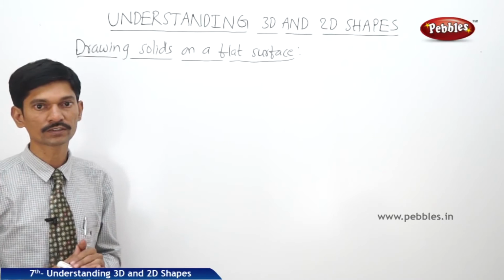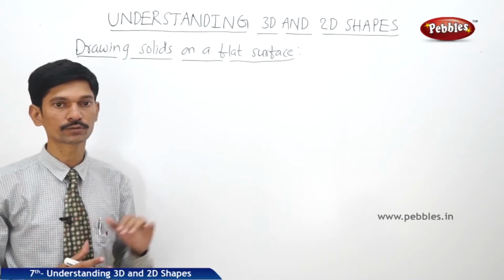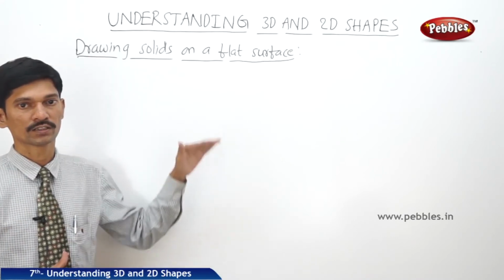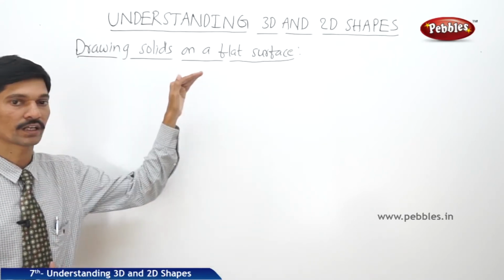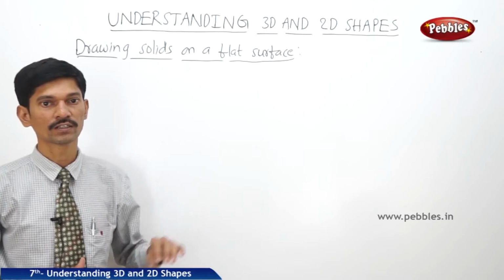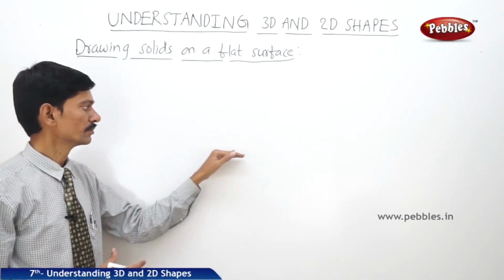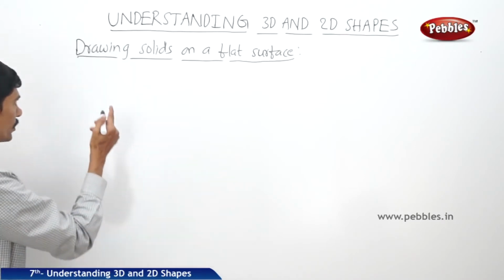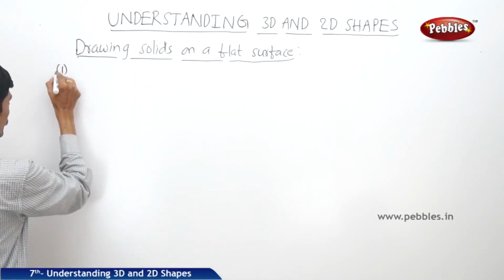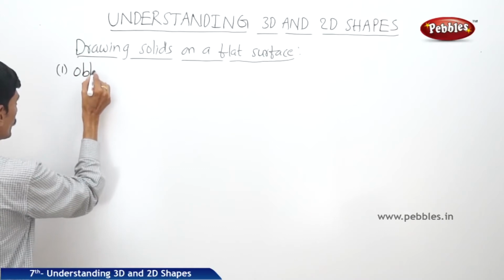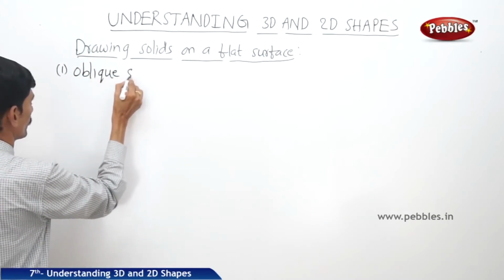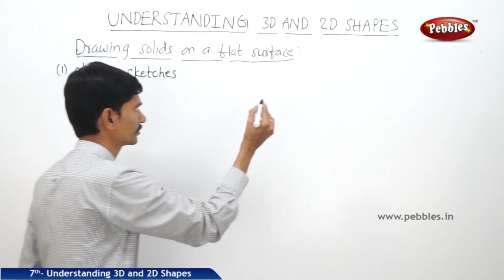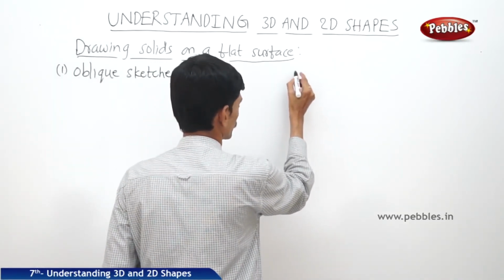So to overcome this problem, we have 2 types of drawing. Those 2 are oblique sketches and isometric sketches to show the actual position of the solid on a flat surface. Now the first one is oblique sketches, and the second one is isometric sketches.